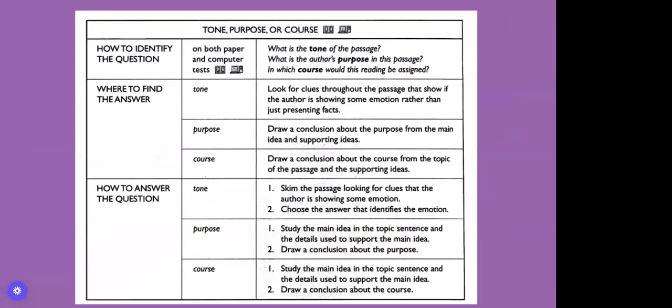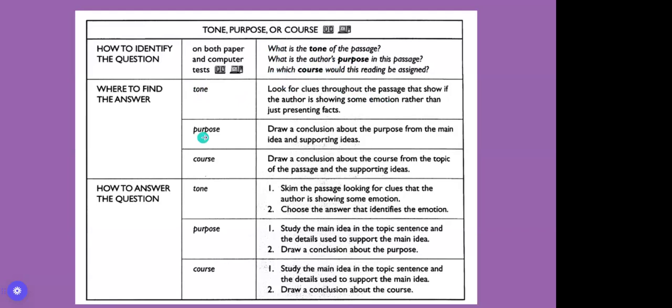Now, how can you identify this question? The question will be straightforward. What is the tone? What is the author's purpose? Or in which course would this reading be assigned? If the question is about tone, you need to look for clues that show emotions or feelings rather than just facts.